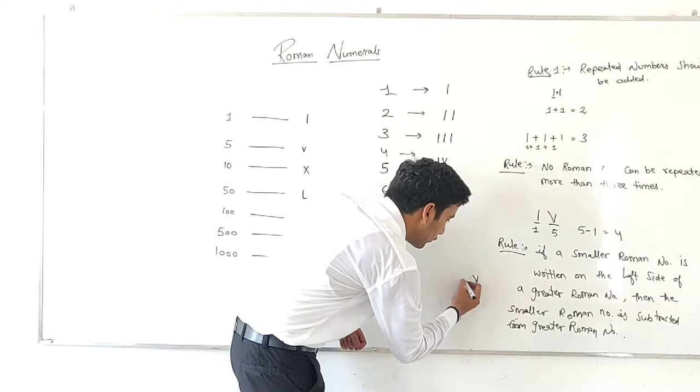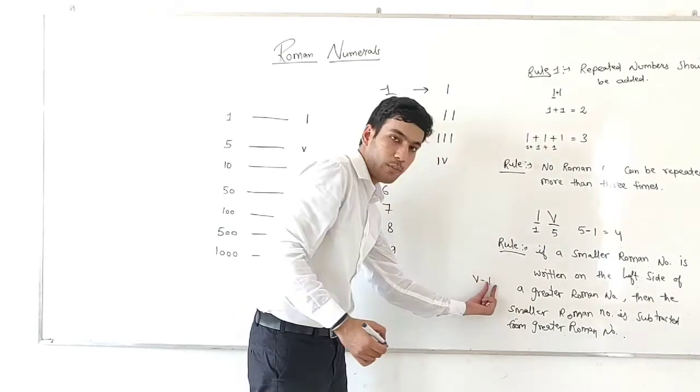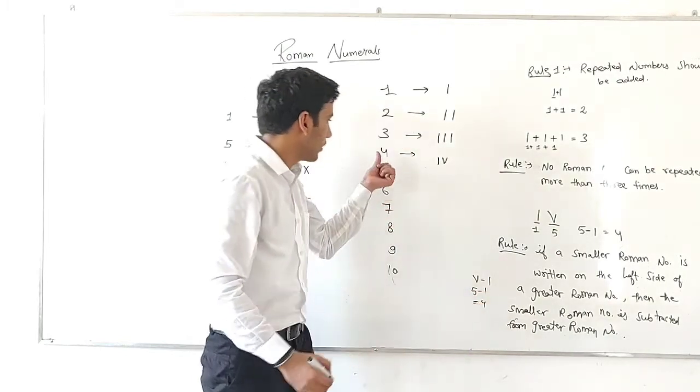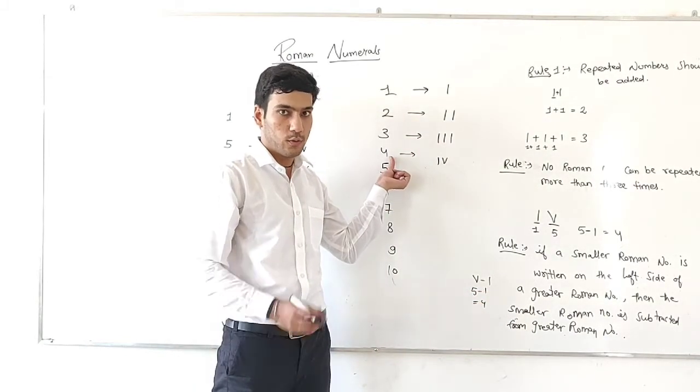Means you have to subtract the smaller Roman number from the larger one. That is 5 minus 1 is 4. So this is the Roman symbol for 4.